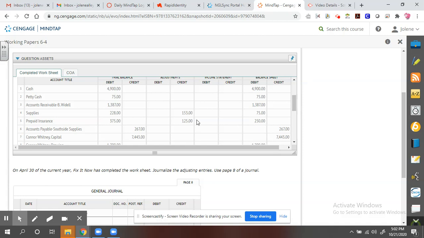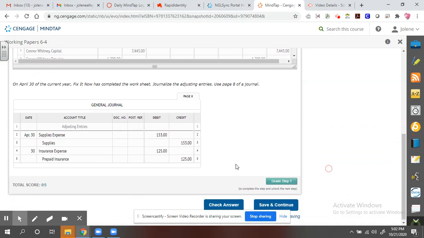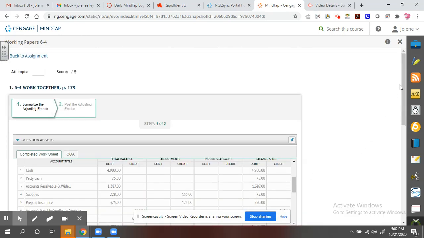The reason being, this is how much was used up: $153 worth of supplies and $125 worth of insurance. So we had to put that in our general journal like this. Now we're going to grade step 1.